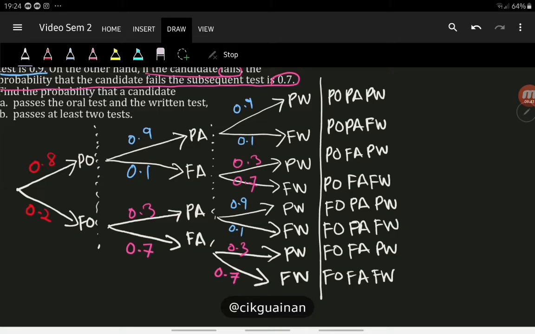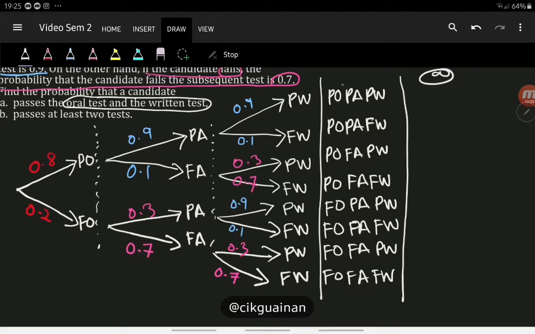Okay, now we want to know which ones we want. Okay, so the first one is pass the oral test and the written test. Which one?